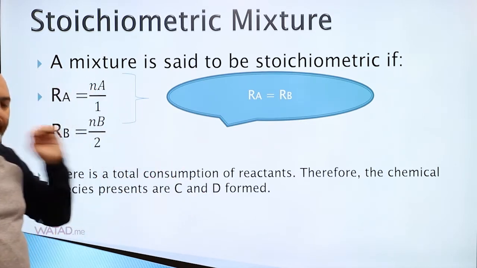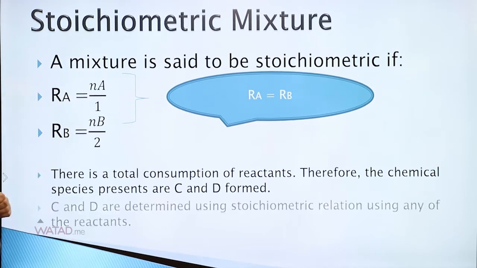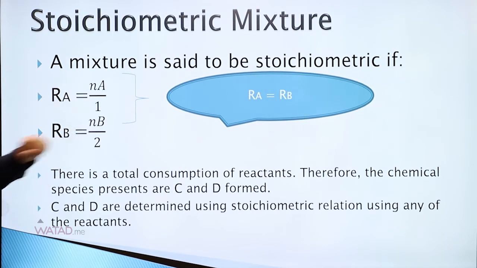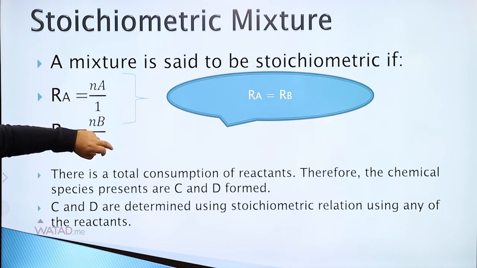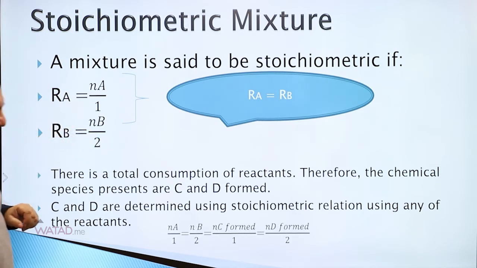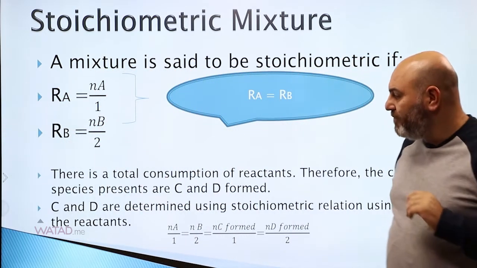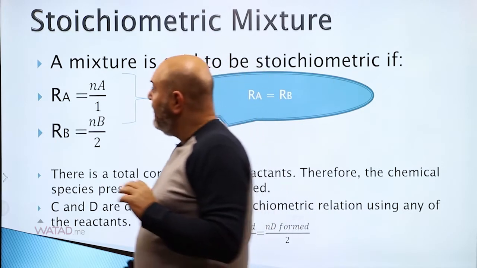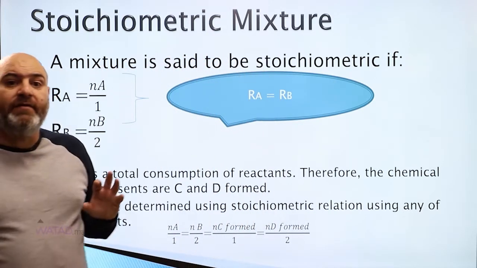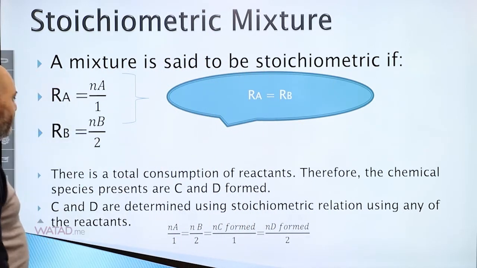It's very important to mention the term formed. And as I said, we can determine the quantity of C and D using the concept of stoichiometry, and this is the relation where we can find the quantity of the products C and D. This is if the mixture is a stoichiometric mixture.